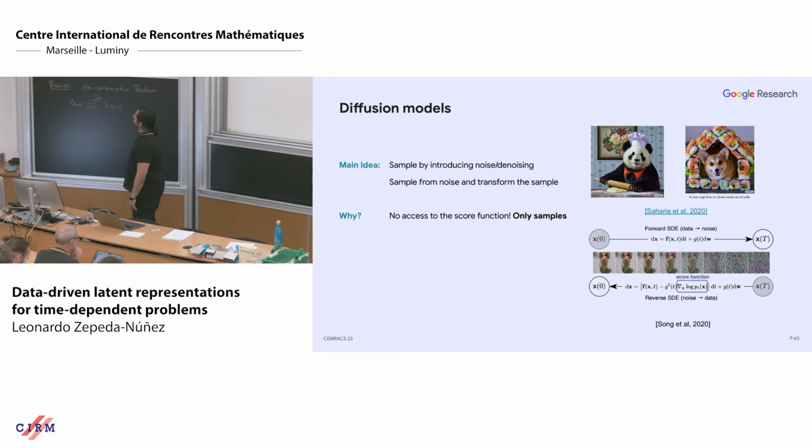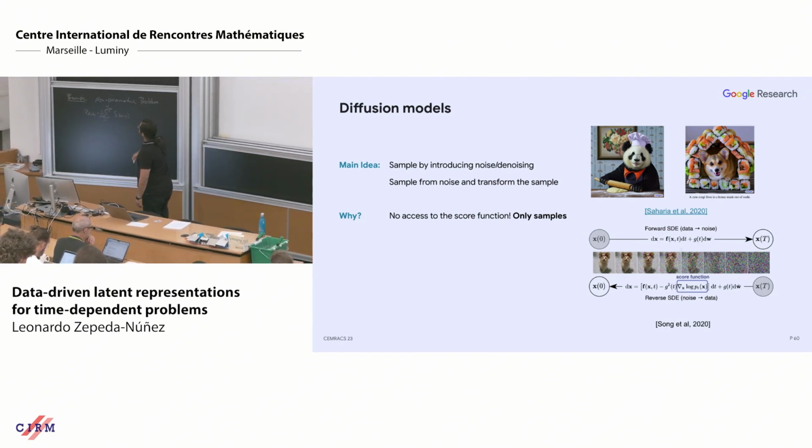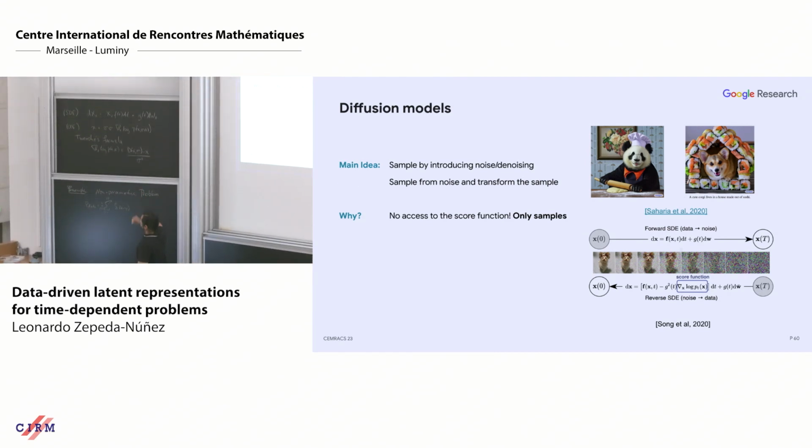The easiest way is to compute what's called the probability flow, which is the equivalent ODE for this case, and looks basically like this: x dot is equal to sigma dot sigma, and you have the score function. This is reversible, so you can go back and forth. The problem is that we don't know what this nabla log P is.